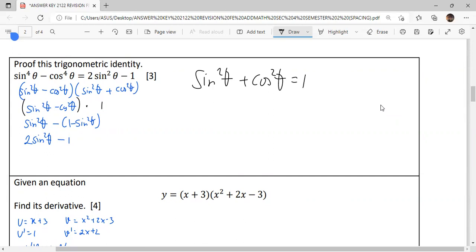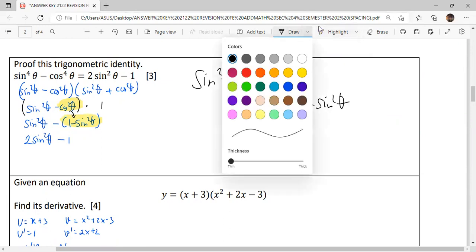We have to focus on the sine square. So you have to change the cos square, it becomes 1 minus sine square. I do the highlight to make it simpler for you to understand. And sine square minus sine square is 2 sine square, and it's proven, right? So it is clearly proven.